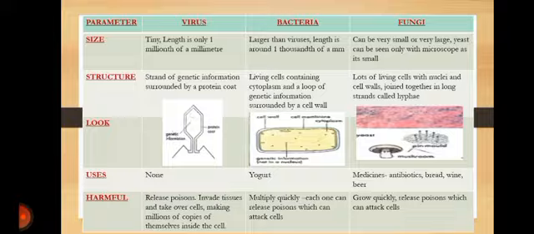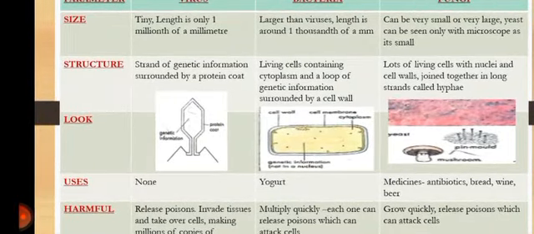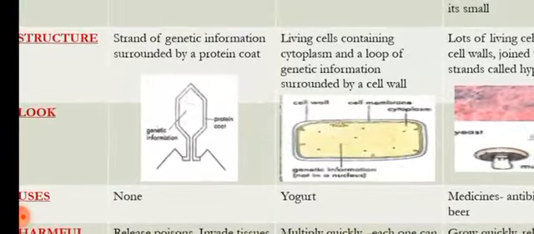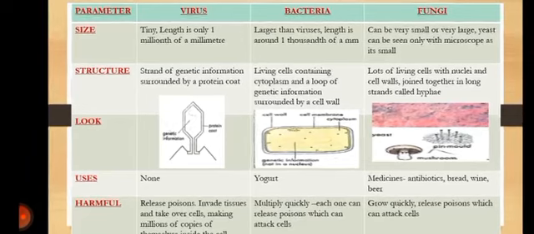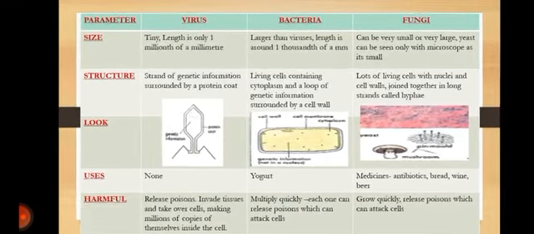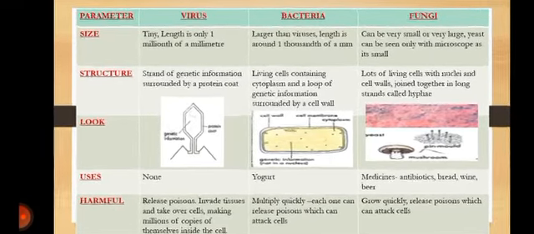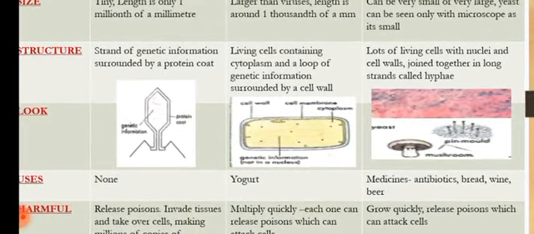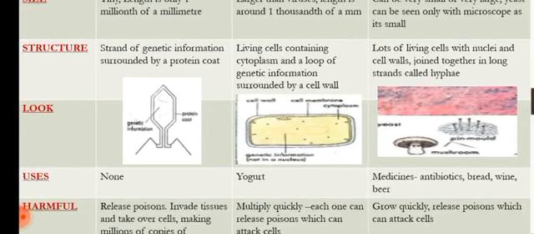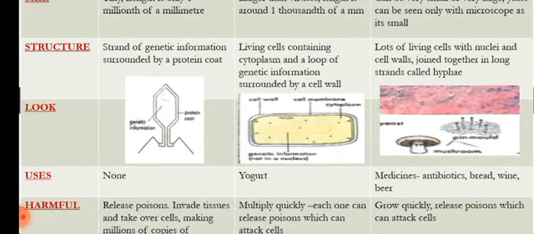About bacteria, living cells containing cytoplasm and a loop of genetic information is surrounded by a cell wall. Picture is shown below for detailed reference. For fungi, lots of living cells with nuclei and cell walls joined together in long strands called hyphae.